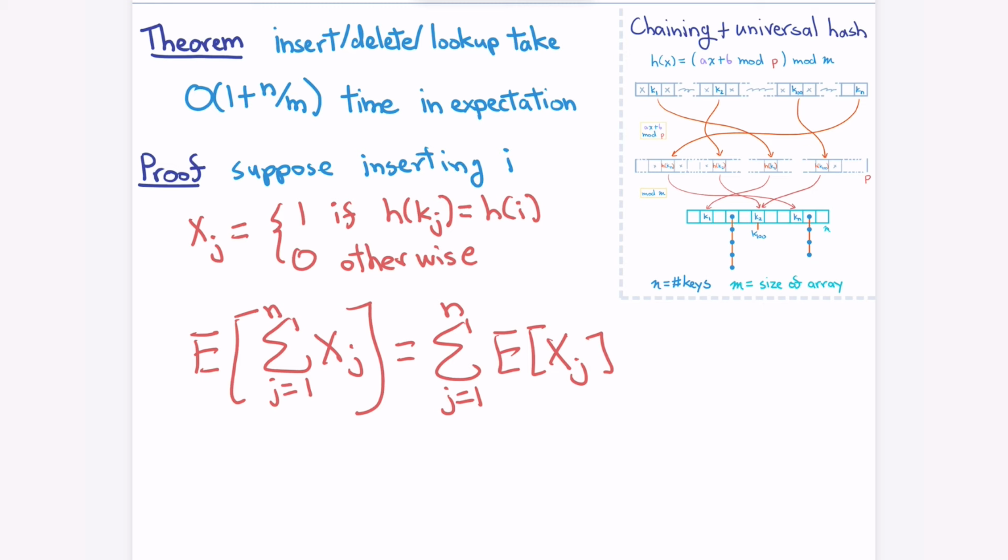Good. So now we need to analyze just one of these terms. What is the probability that, given key i and key k sub j, two keys, they collide? 1 over m, because that was just the definition of a universal hash function.